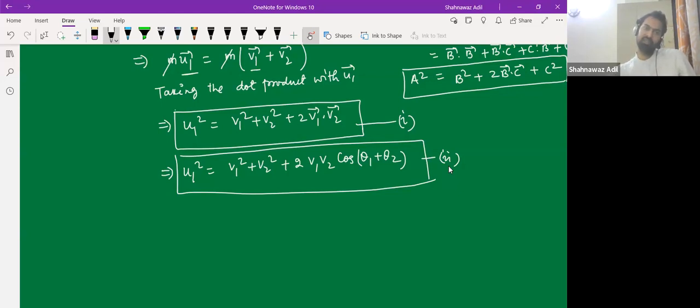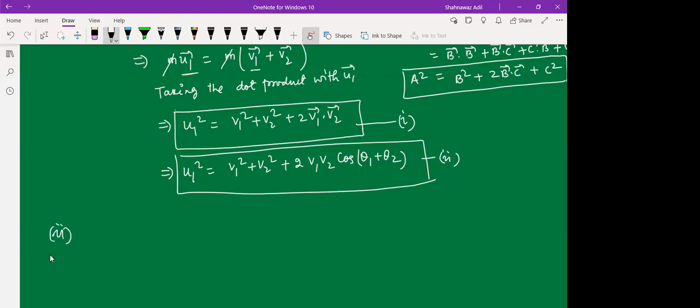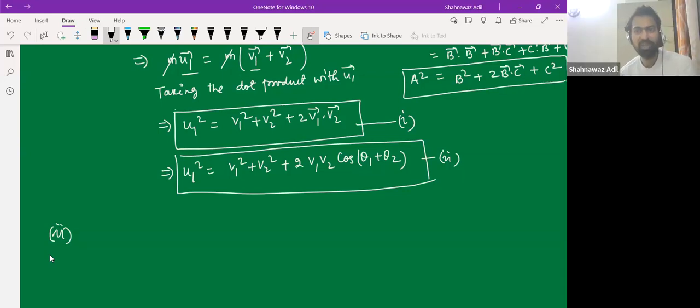Conservation of momentum we have already used, guys.